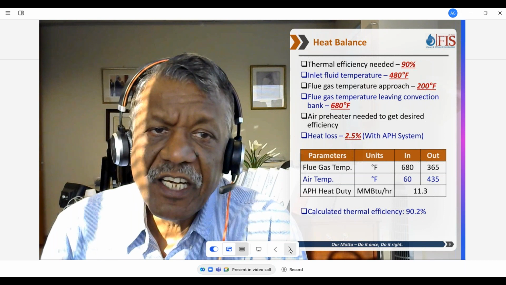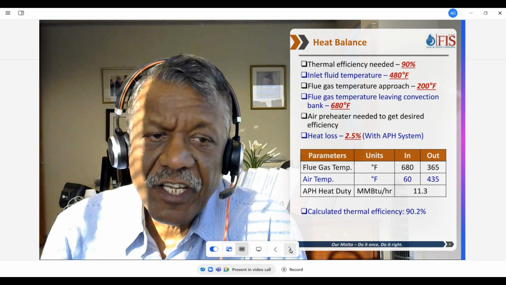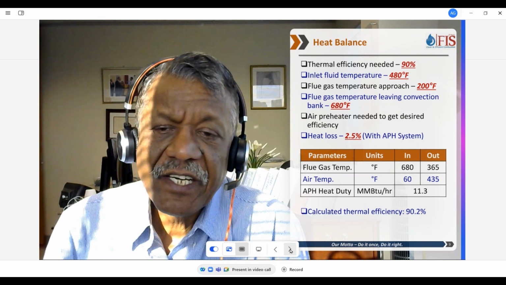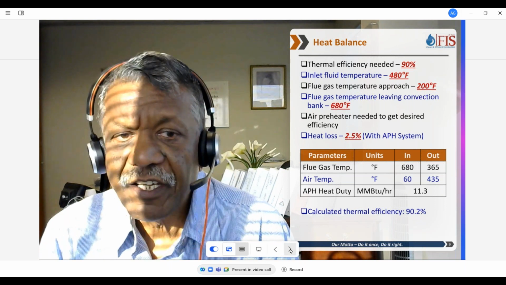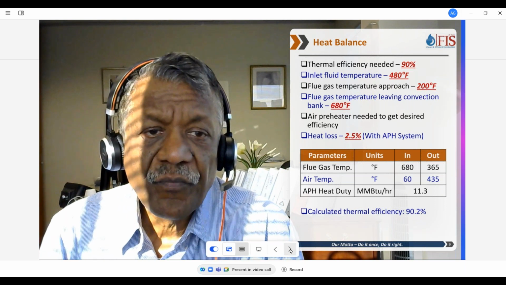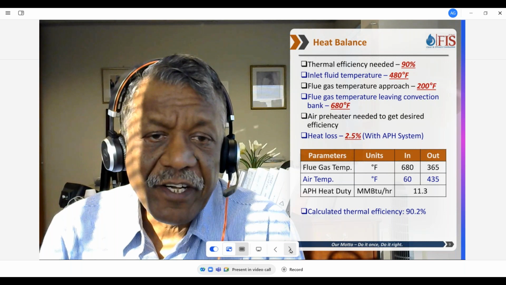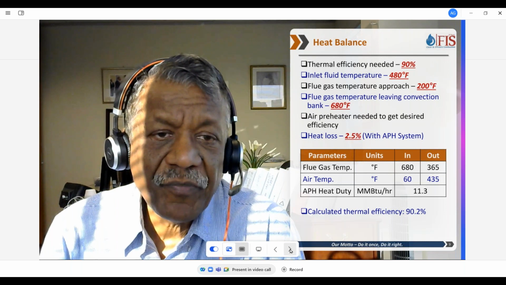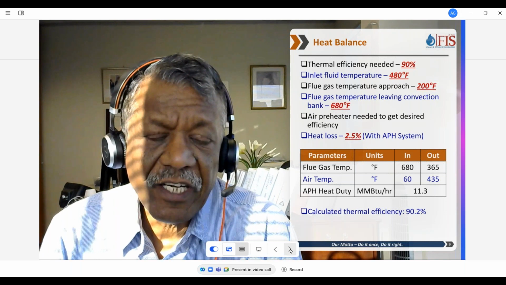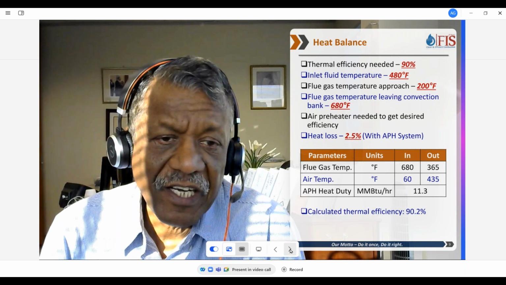And with the inlet fluid temperature being 480, the only way we can get that type of efficiency is with an air preheater.